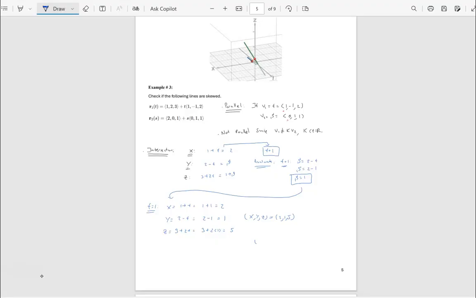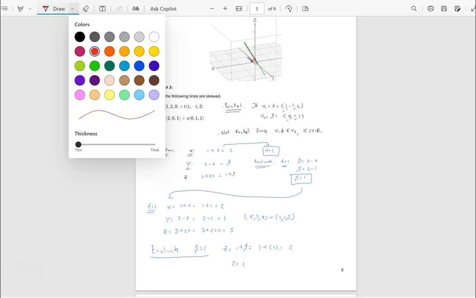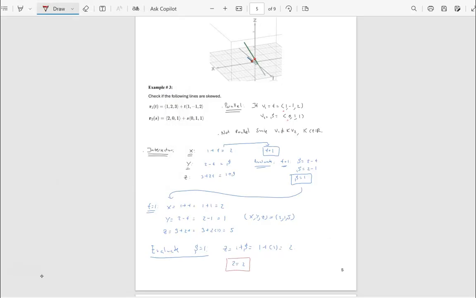So let me just say evaluate s is equal to 1, and you're going to have that your z coordinate is equal to 1 plus s, which is equal to 1 plus 1, or 2. So here the intersection gives us a contradiction, because we already found that your z coordinate was 5.